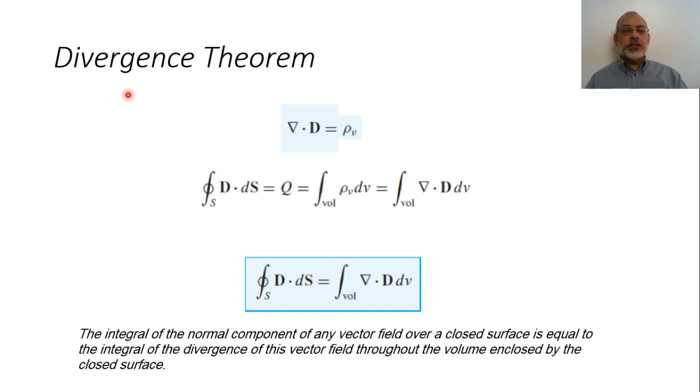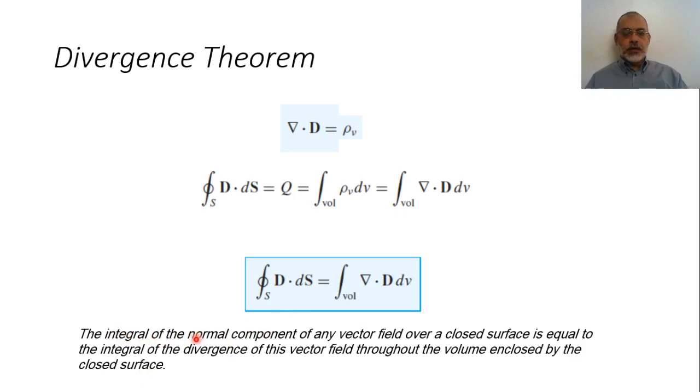The divergence theorem states that the integral of the normal component of any vector field over a closed surface is equal to the integral of the divergence of this vector through the volume enclosed by this closed surface.